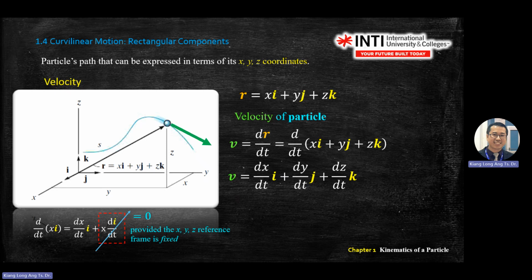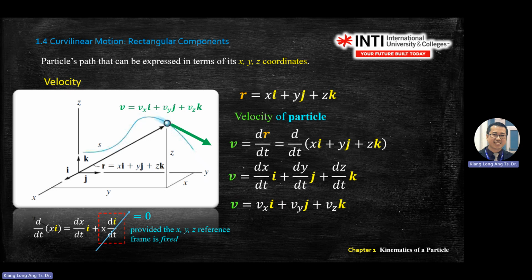So dx dt, you get the first one. Dy dt, you get the second one. Dz dt, you get the third one. Okay. So this is just a derivation. Then you go to the diagram that you draw, you write v equal to what? Vxi plus vyj plus vzk.